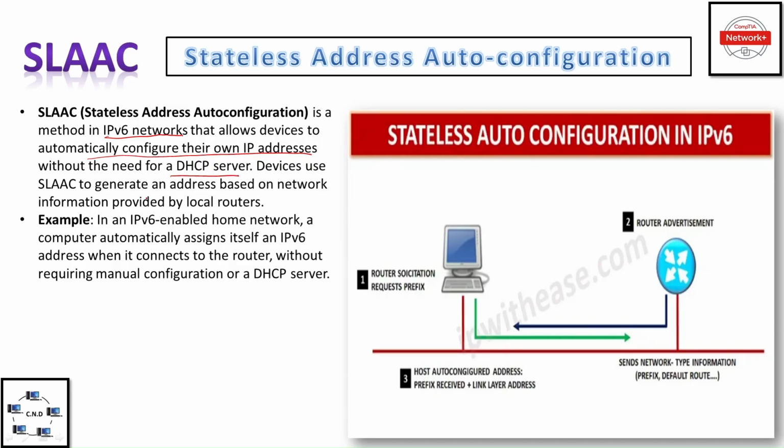Devices use SLAAC to generate an address based on the network information provided by the local routers. For example, in an IP version 6 enabled home network, a computer automatically assigns itself an IP version 6 address when it connects to the router without requiring manual configuration or a DHCP server.